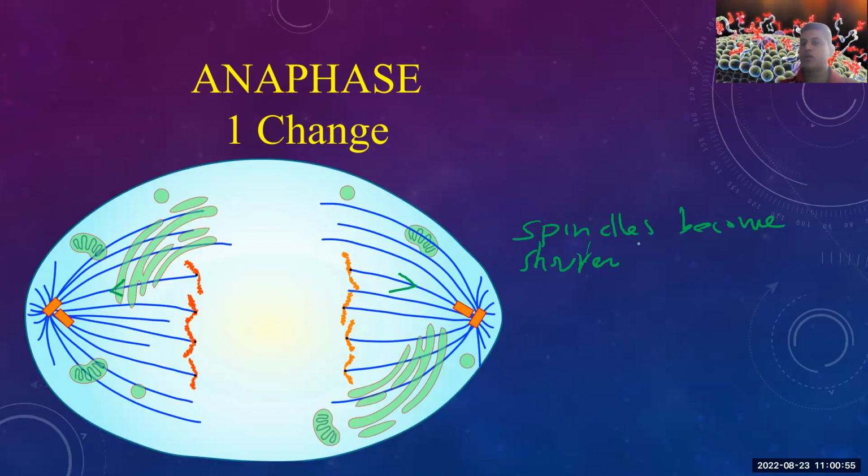As a result, they pull one arm of the chromosome, that means one chromatid. Example like this. So this side is full and this side is also full. They try to pull from both poles as the spindle gets shorter. This leads to a break from the centromere. So it detached from the centromere.